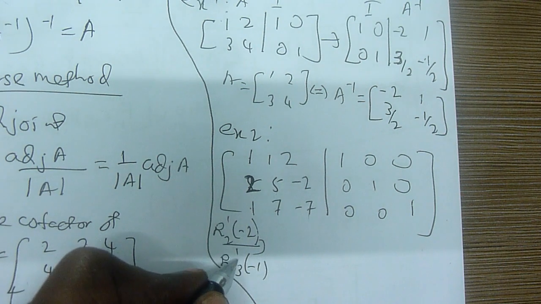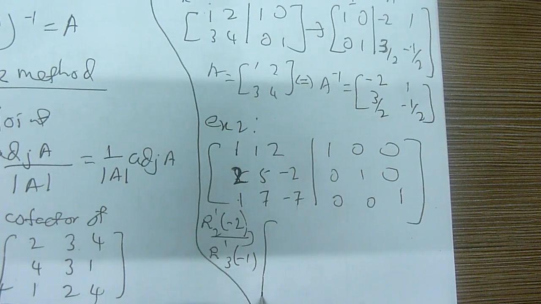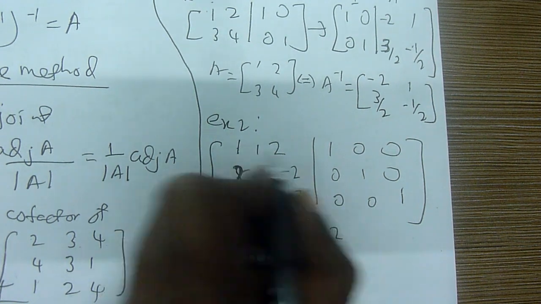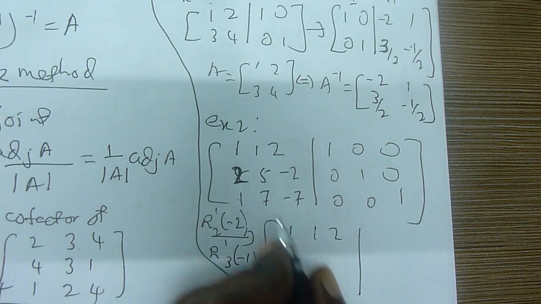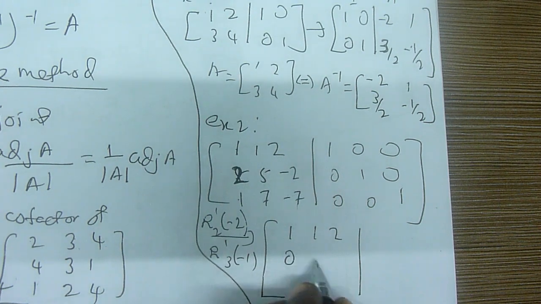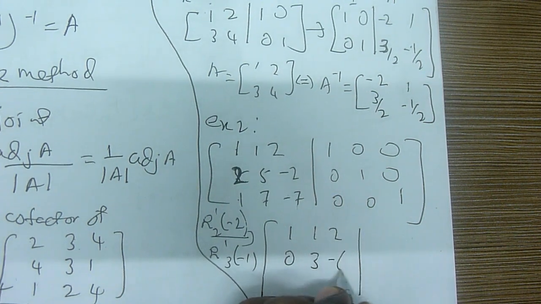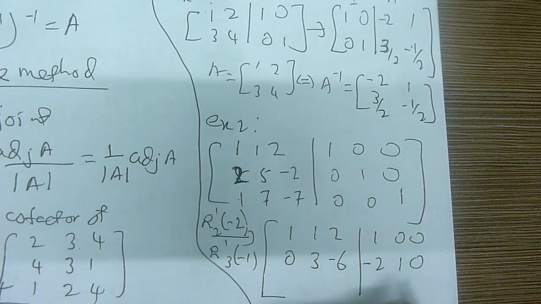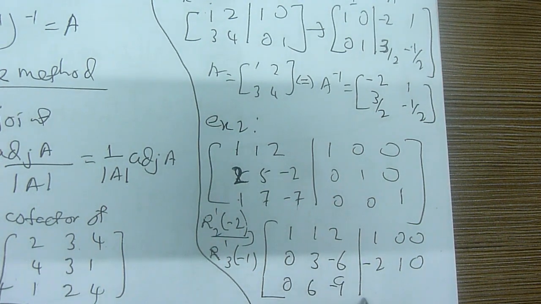So when I start doing this, I get 1 1 2, same, never change anything in the top row, but here I make it 0. This becomes 3 negative 6, 1 0 0, negative 2 1 0, and of course the second one I make sure is 0, giving 6 negative 9, negative 1 0 1.